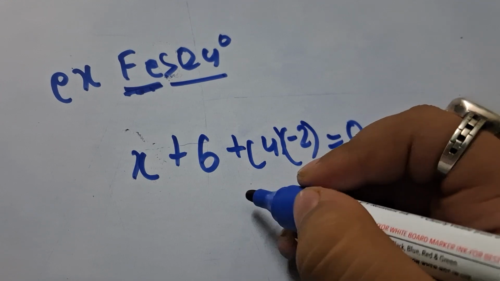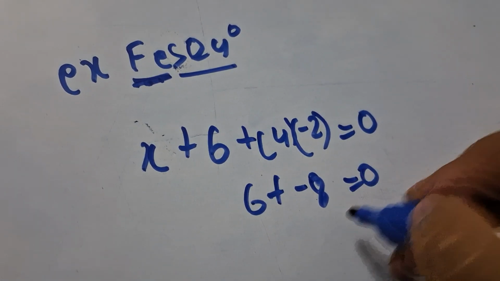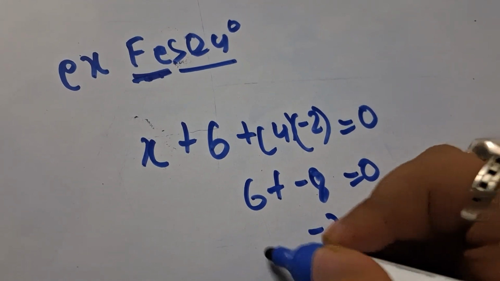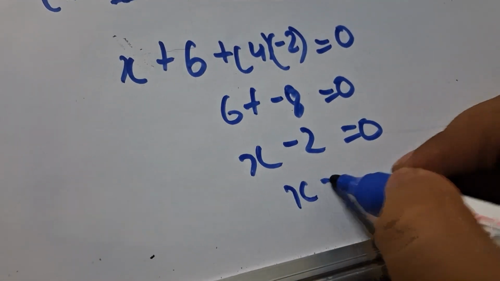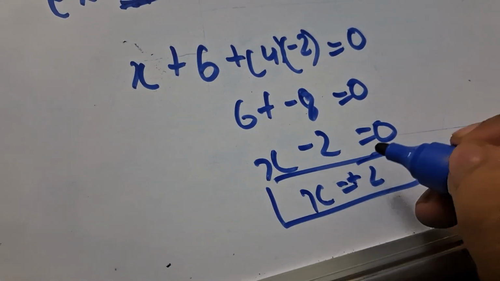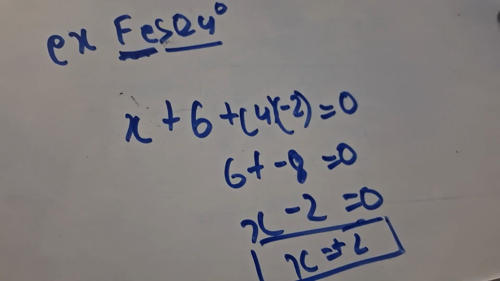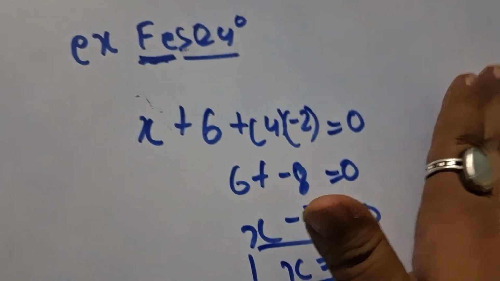So this is 6 plus minus 8 equals 0. X minus 2 equals 0, and X equals plus 2. So the oxidation state of Fe in FeSO4 is plus 2. Yeah? Alright.